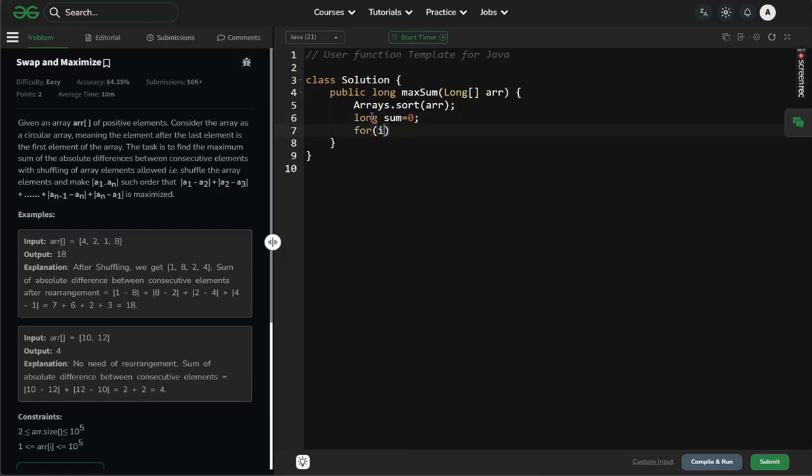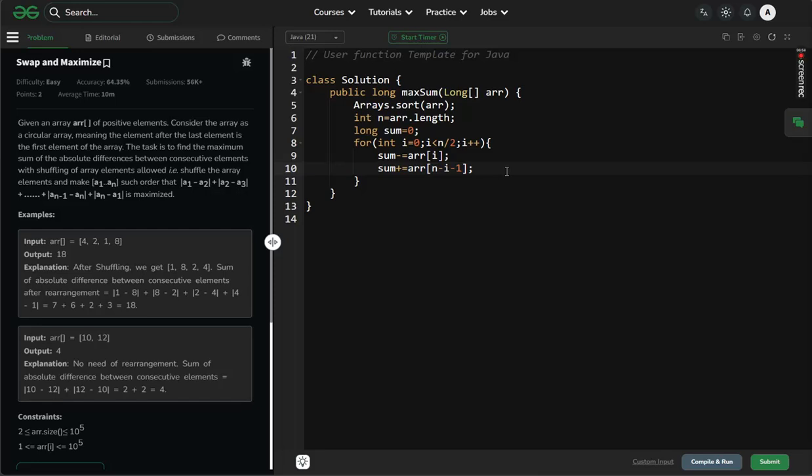Then for int i equals 0 to i less than length by 2, i plus plus, sum plus equal to: we remove the smallest value, which is array of i, and add the largest value, which is array of n minus i minus 1, taking n as the length of the array.